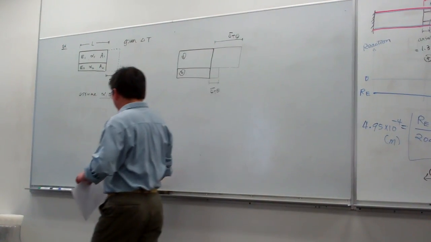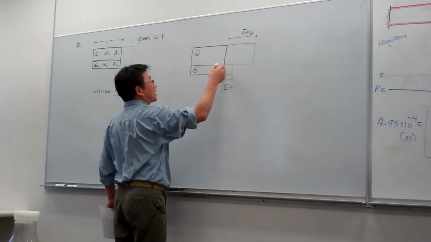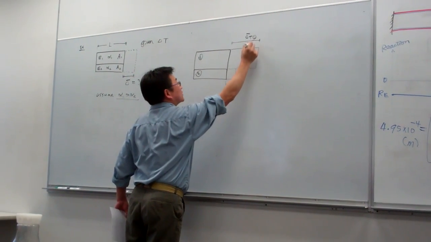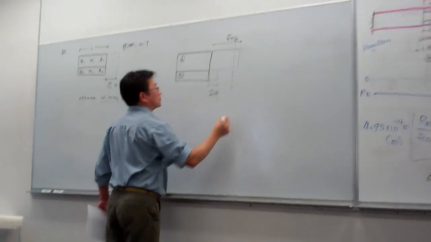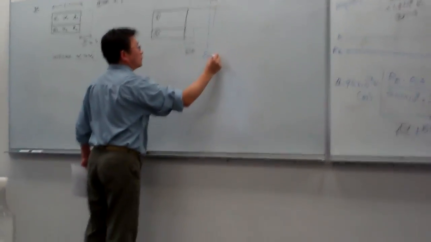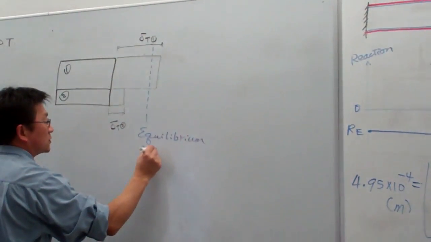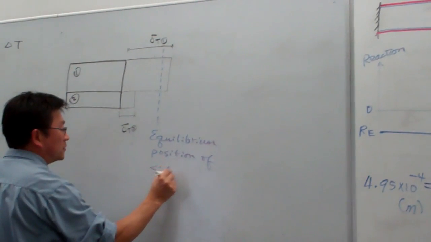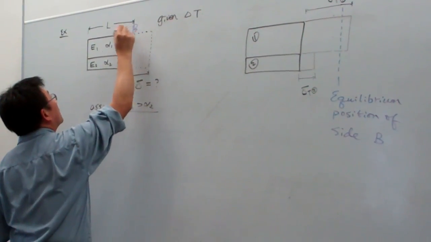That means the final equilibrium position of this side must fall in between, and somehow let me say it is here. So this is their final equilibrium position of side, let me call it B. So if this is side B, this side is A.